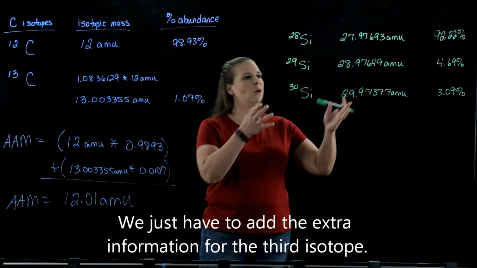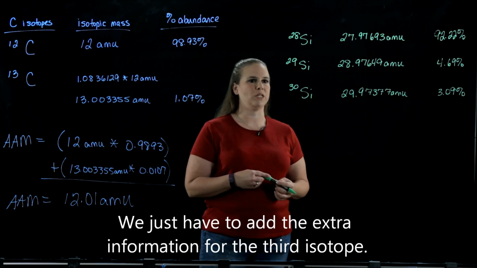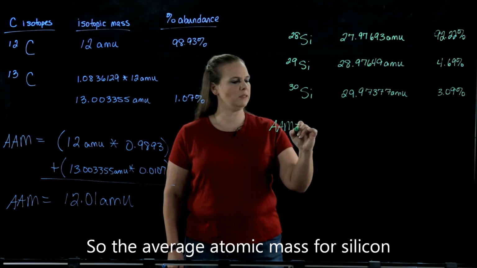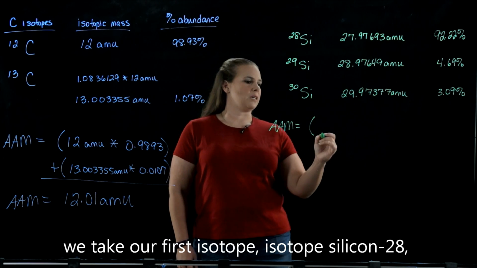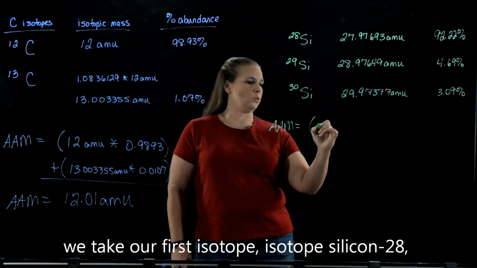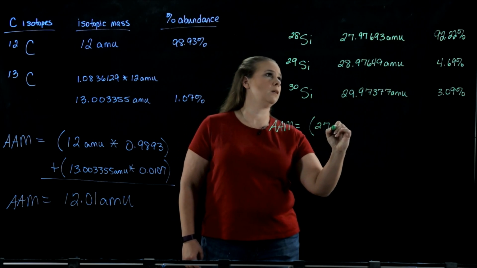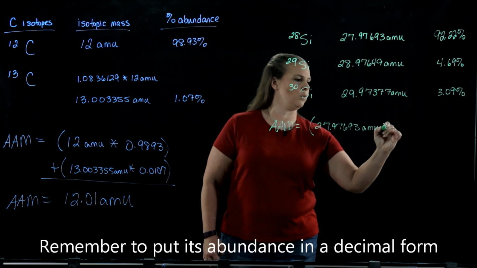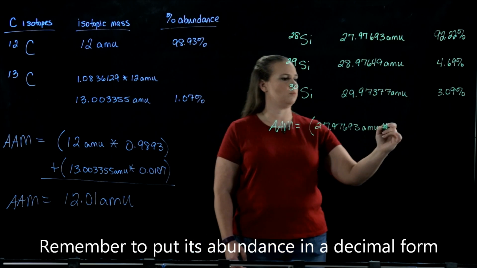In order to calculate the average atomic mass of silicon, we use the same format that we used for the carbon. We just have to add the extra information for the third isotope. So for the average atomic mass for silicon, take our first isotope, silicon-28. Remember to put its abundance in decimal form.